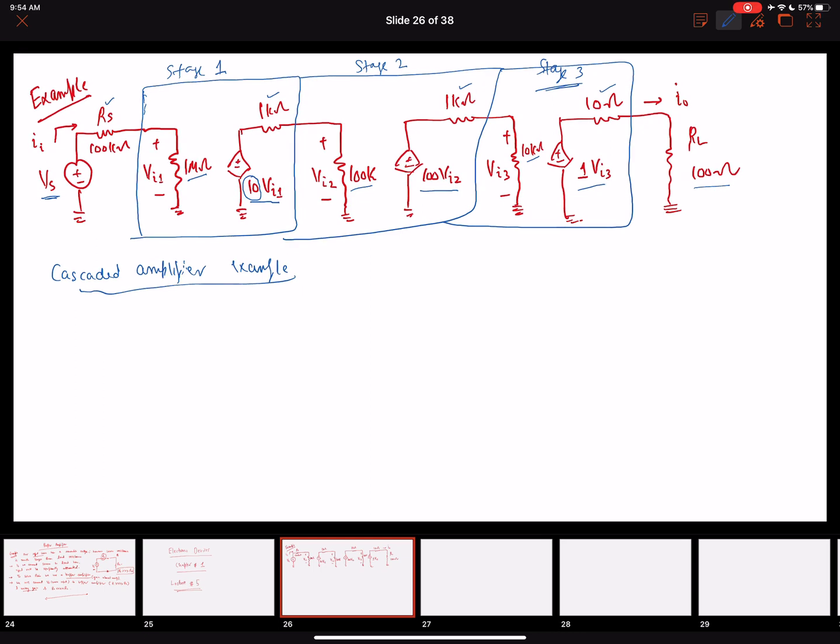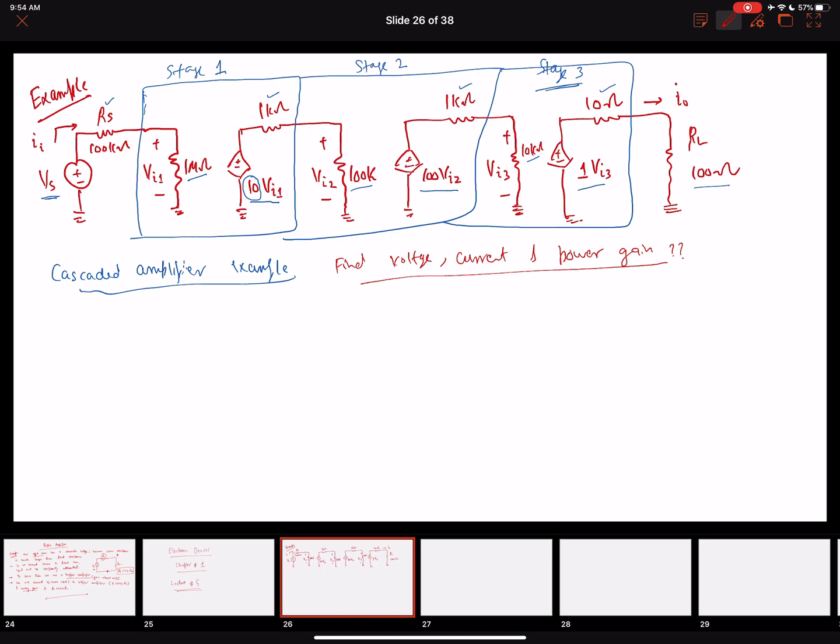Okay, so what we want to do in this example is we want to find out the voltage, current, and power gain. So we want to find out the voltage gain, current gain, and the power gain of this cascaded amplifier.